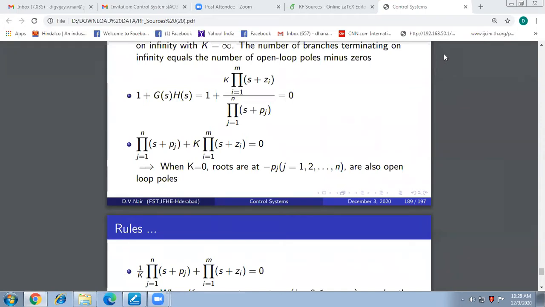We don't do this part, but simply by knowing the open loop transfer function we are able to obtain the possible places where the roots of the closed loop system will fall in the s plane as K is varied. Good answer, Himanshu. So that is one important thing, right, friends?